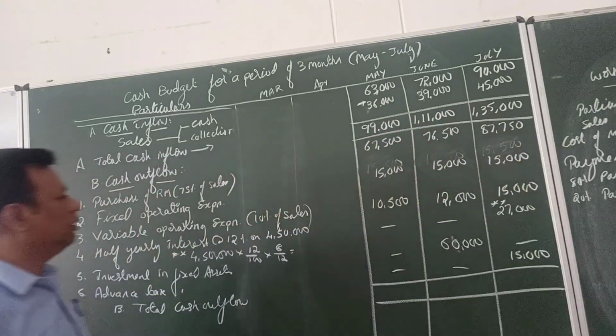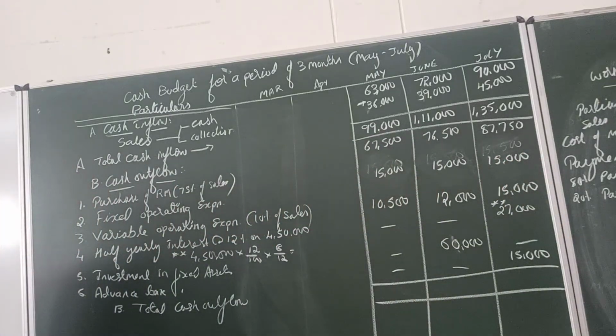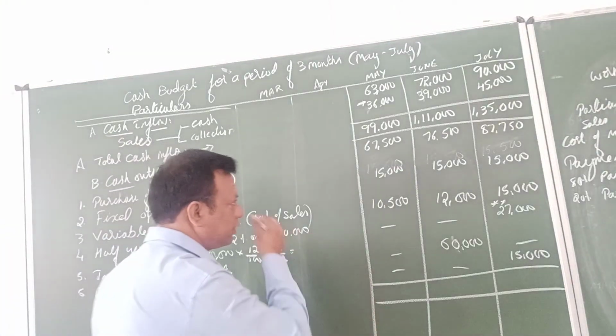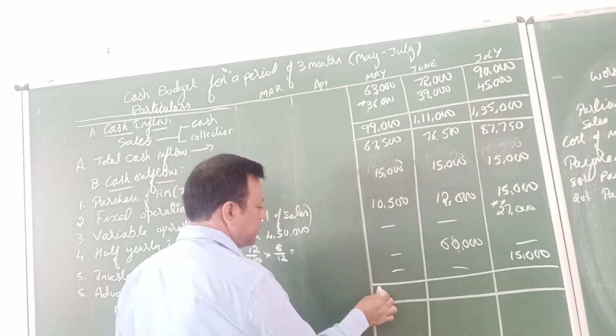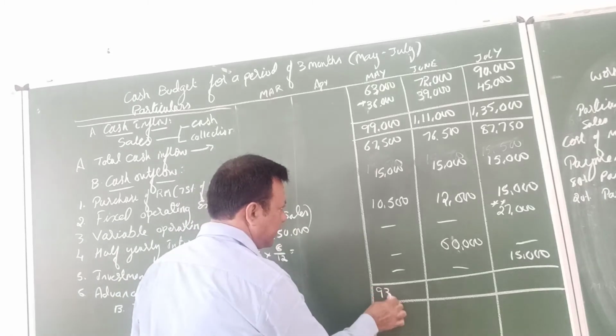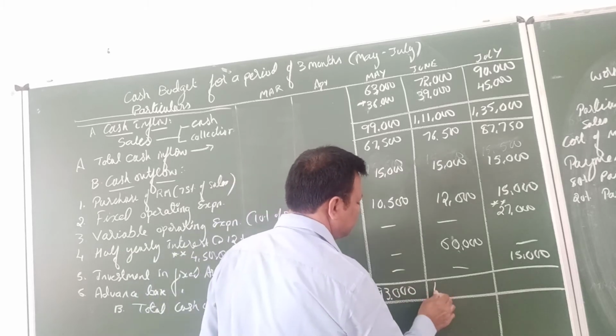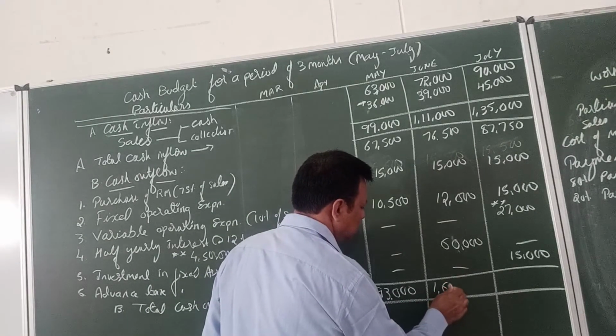Okay. Is it clear now? So now we have to take total cash outflow. Total cash outflow added for all the years. 93,000. Second year 1,63,500.